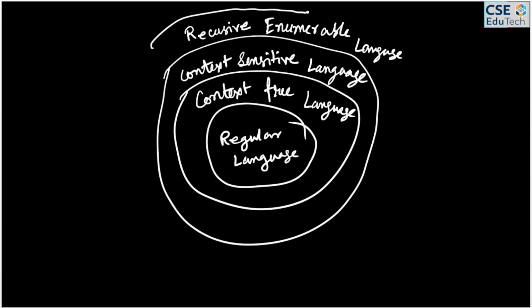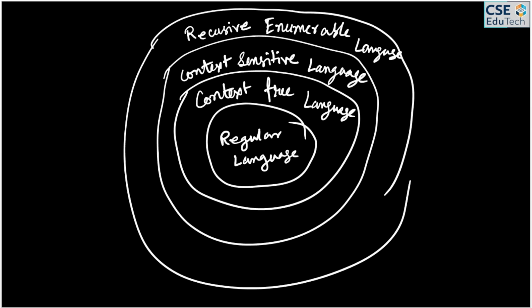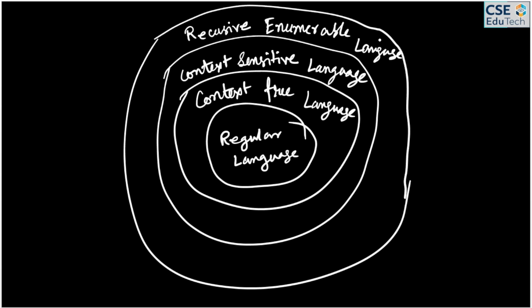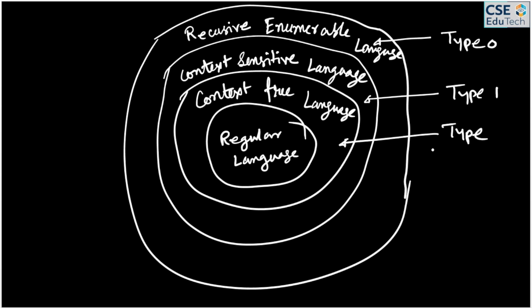So we can broadly write it in that way. This outermost one is basically type 0, then type 1, then type 2, and then type 3.